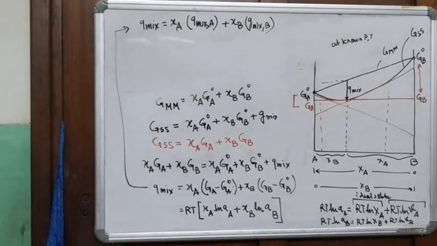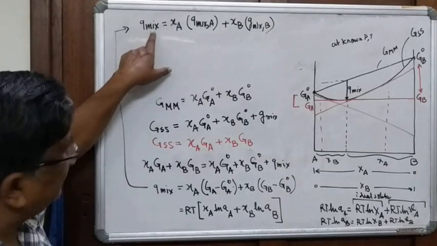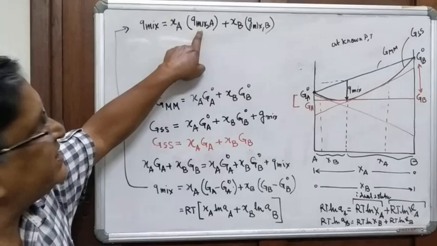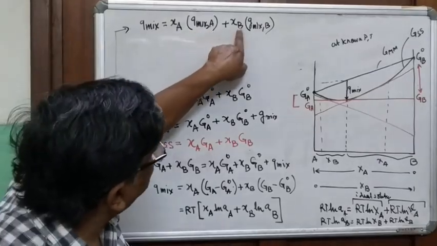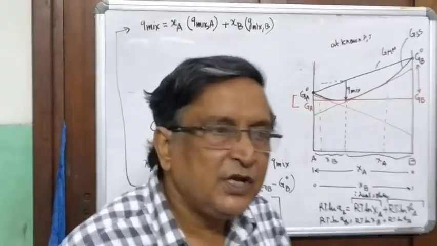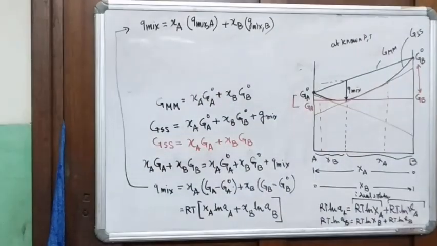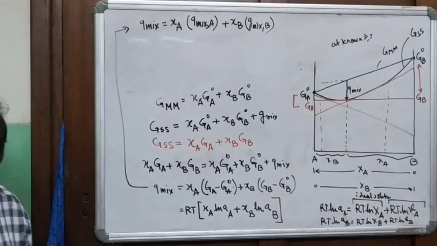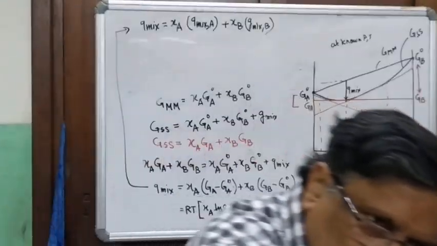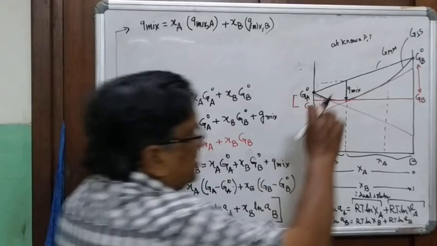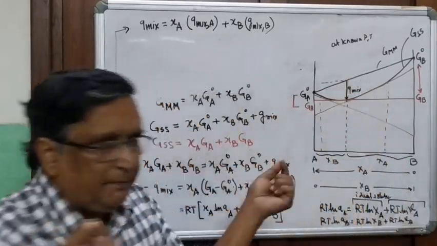Do you understand? So we can break up G mixing as XA into mixing of A and XB into G mixing of B component. There are two components. We can also write it in that way. So the G mix here comes from two components.